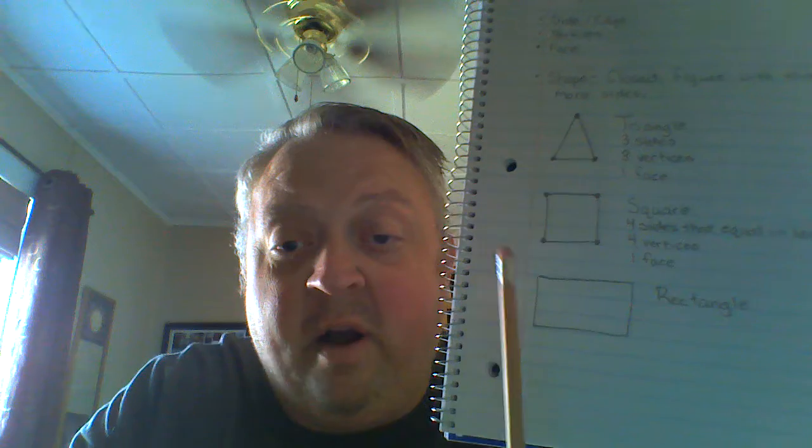Okay, so now we're going to write rectangle, which is spelled RECTANGLE. And this also fits into the family of quadrilaterals because we know a square and a rectangle both have four sides and four vertices and four angles. So we know that it is a quadrilateral.